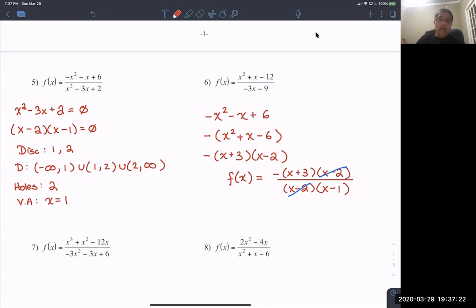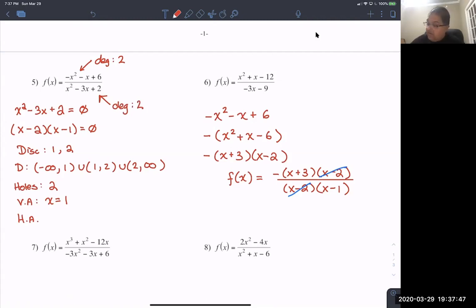Okay. Now, I have to find my horizontal asymptote. Well, let's see. The degree of this is 2, and the degree of this polynomial is also 2. So remember what happens when the degrees are the same.